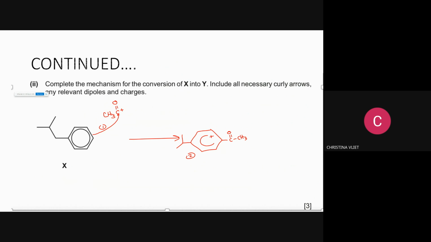Where's the third? There's an H. Where's the H? It's always on the same one that you had added the group to. That's where the hydrogen is that needs to get gone. How does that hydrogen get gone? Technically, your catalyst, which is the AlCl4 minus that's hanging around there, right?